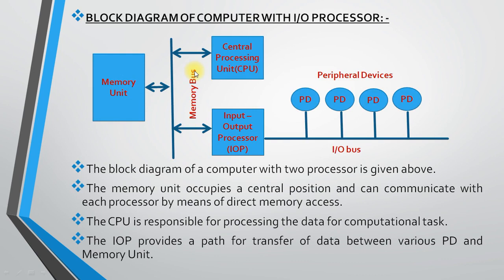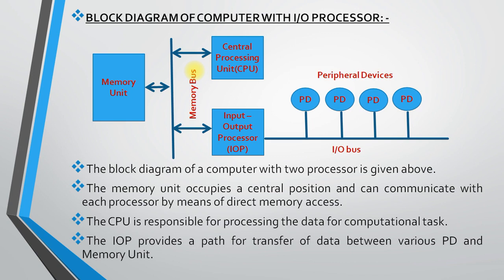So in the block diagram of a computer with IO processor, we have used 2 buses. One is called the memory bus and another is called the IO bus. The memory unit is connected with 2 different processors, CPU and IOP, with the help of the memory bus. The IOP uses the IO bus to communicate with the peripheral devices.